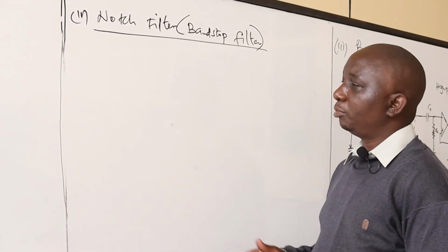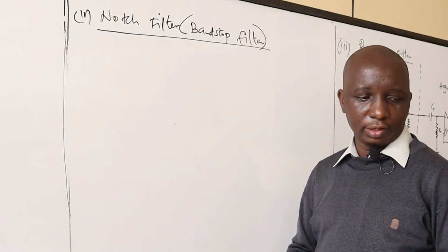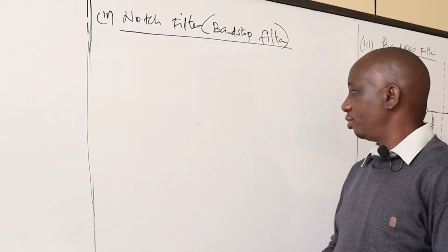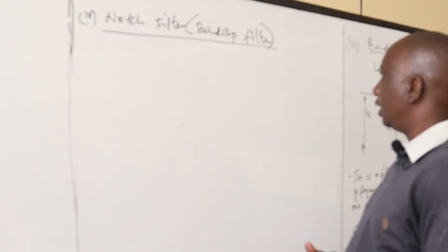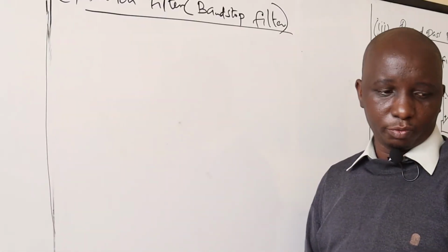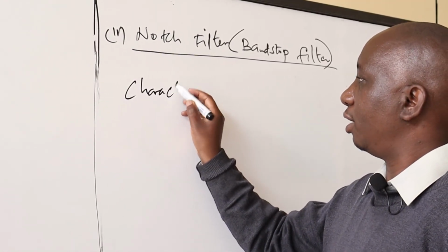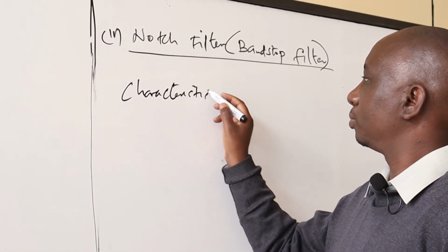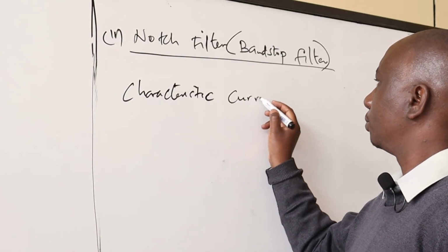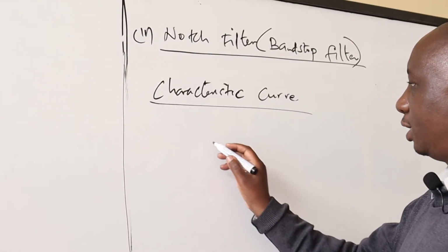For this case, we shall have a sketch of a notch filter and its characteristic curve. When you reverse the positioning of the low pass filter and the high pass filter in the band pass, then we talk of the notch filter. The characteristic curve looks like this.